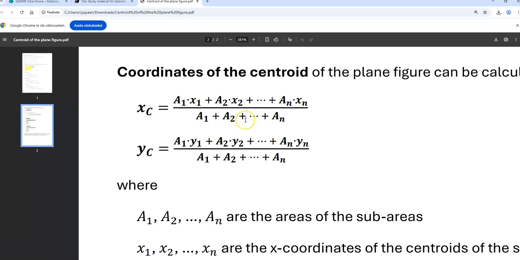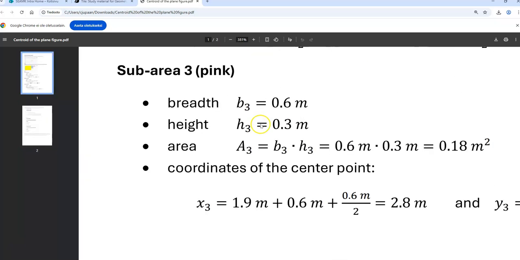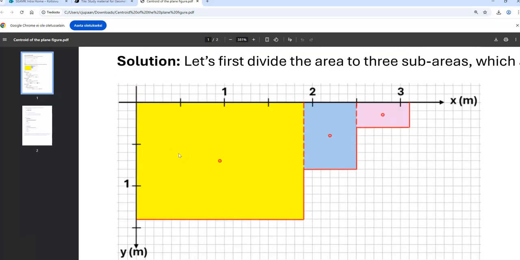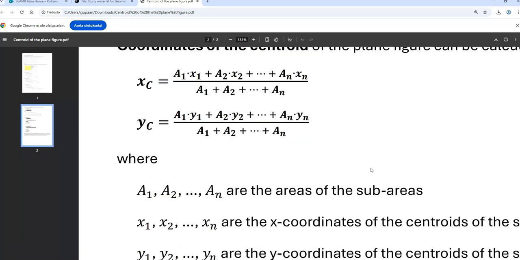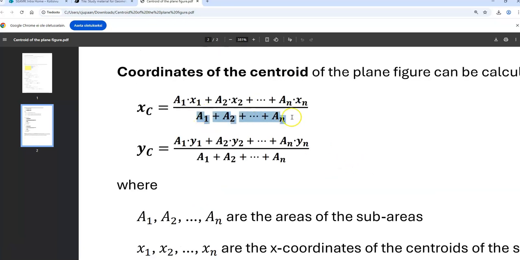And what exactly is that sum of the areas of the sub-regions? If we add the area of this yellow figure and the area of this blue figure and the area of this pink figure together, we get the area of the whole figure, and that is always the number in here and also here.